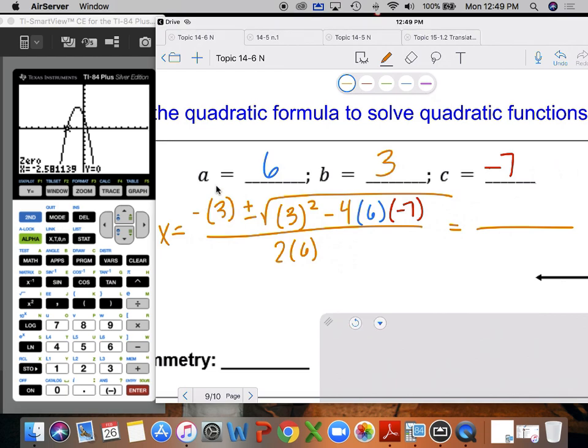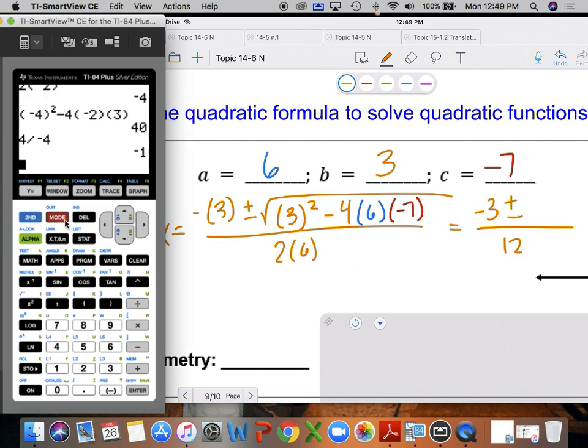In the front, negative 3 is just negative 3. On the bottom, 2 times 6 is 12. And then under the square root, we plug it in exactly like we see it. So 3 squared minus 4 times 6 times negative 7. And we get the square root of 177.